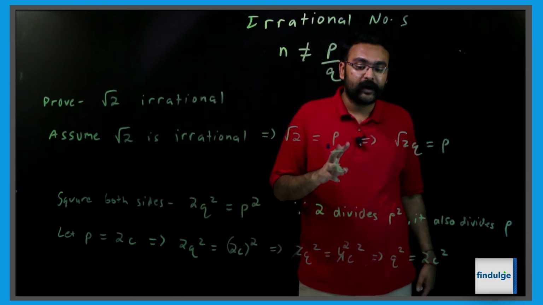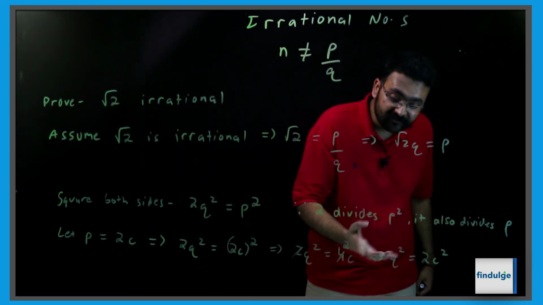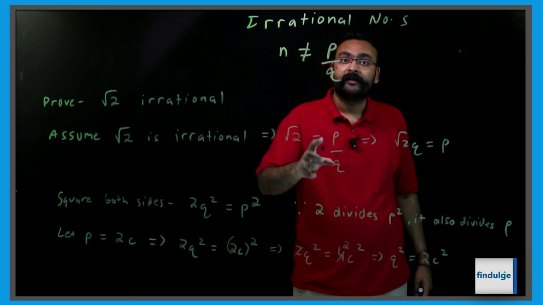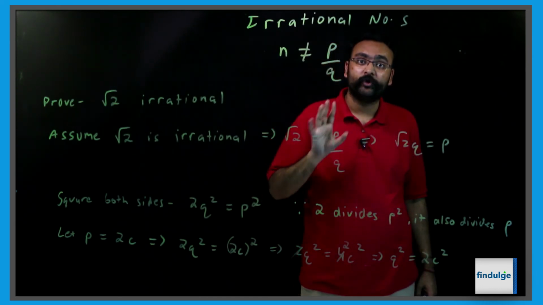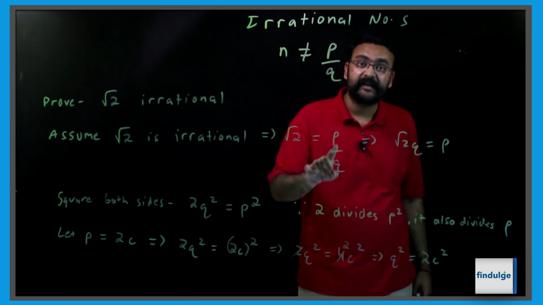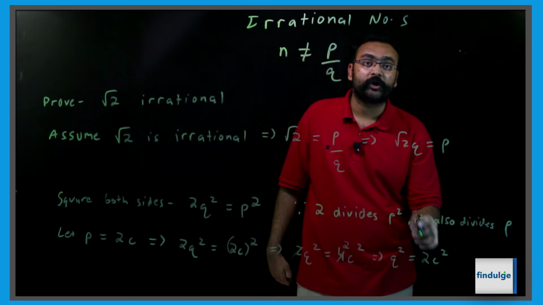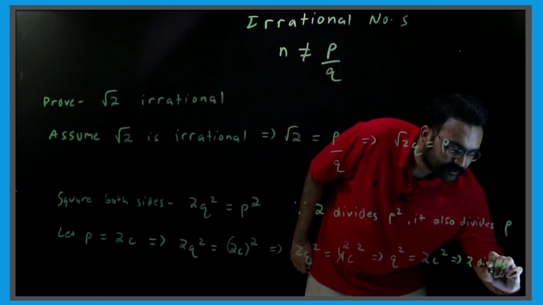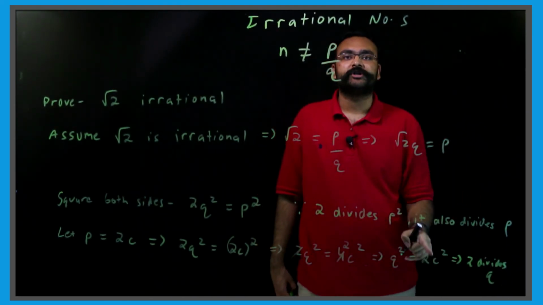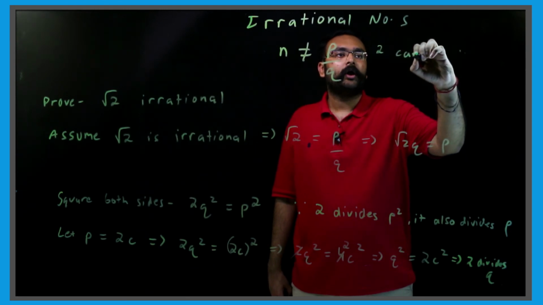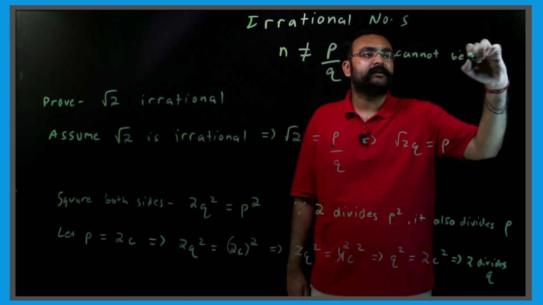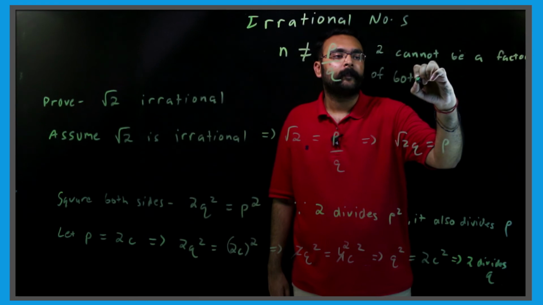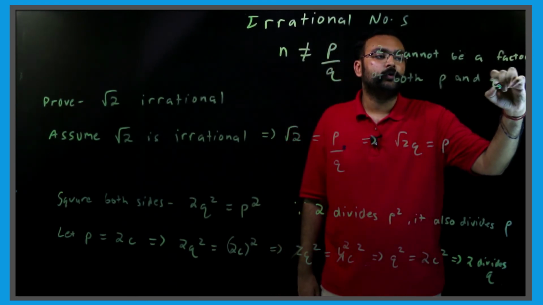So 2 has shown up as a factor of p and a factor of q. But this is not possible because in a rational number, this p by q, they should have no common factors left. It's the simplest form. So this is a contradiction. 2 divides q. This is a contradiction. 2 cannot be a factor of both p and q.